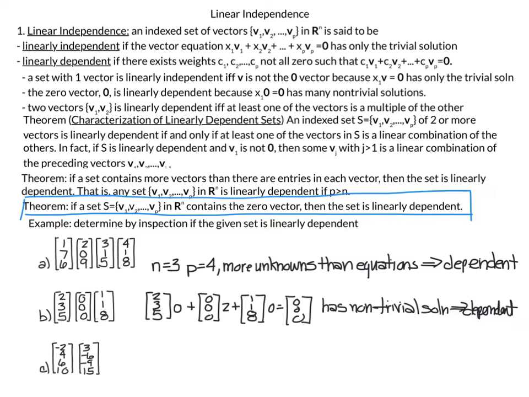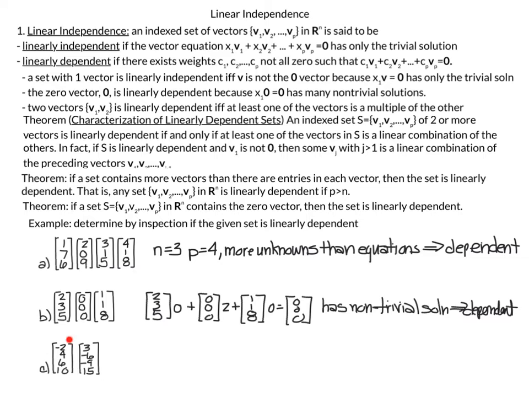And I went ahead and wrote, because this actually doesn't take much calculation at all, we can multiply our first vector by 0. Our second vector, the 0 vector, can be multiplied by anything. I chose to multiply it by 2. Our third vector then is multiplied by 0. But here we have a non-trivial solution, 0, 2, 0. So it is dependent.